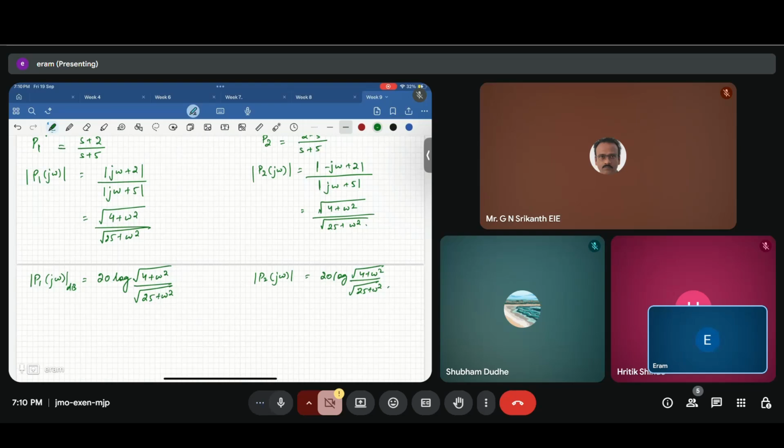Okay, so what will be the magnitude as omega goes to infinity?